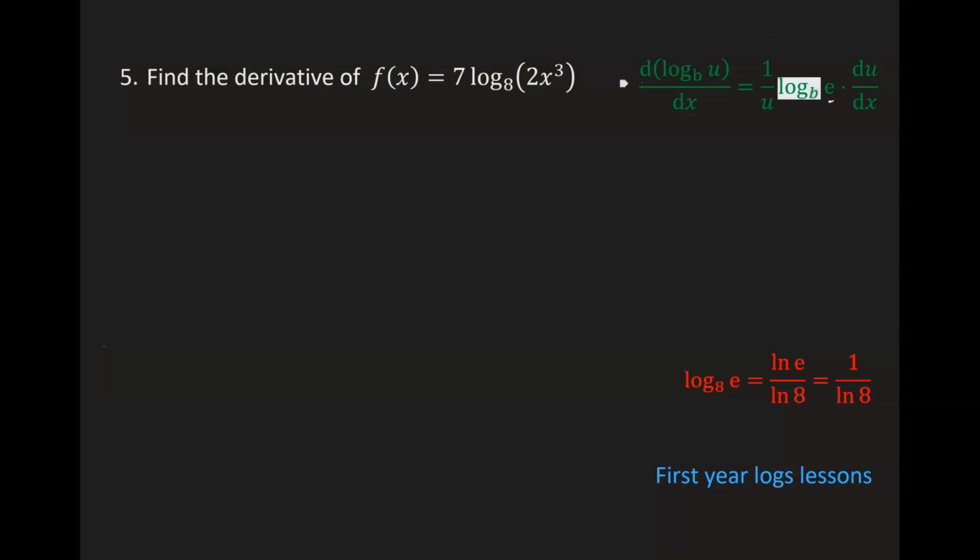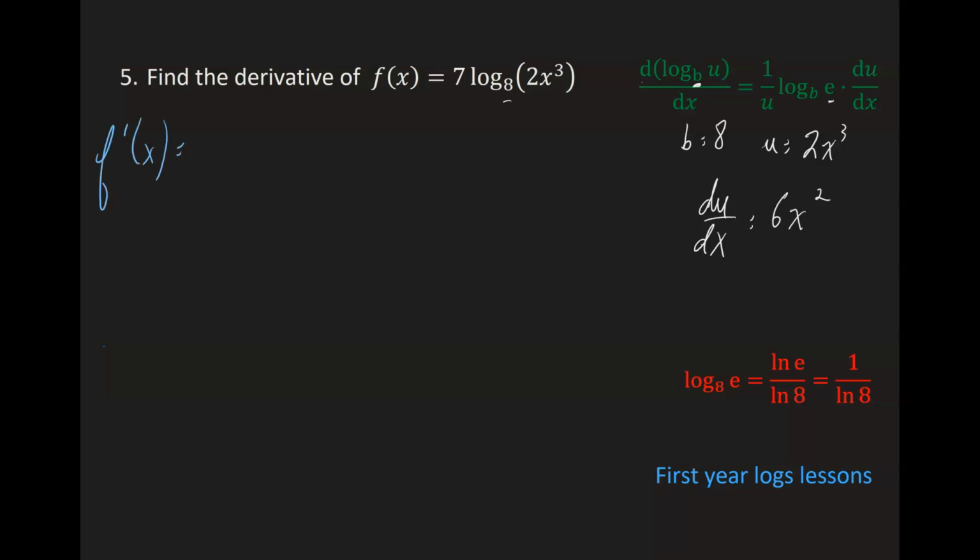So let's take a look at our pattern, okay? B is the base, so b equals 8. U equals 2x cubed. And du dx equals 6x squared. All right, going to our formula. F prime of x equals, just a 7 gets multiplied down, nothing else. We'll multiply that in after.